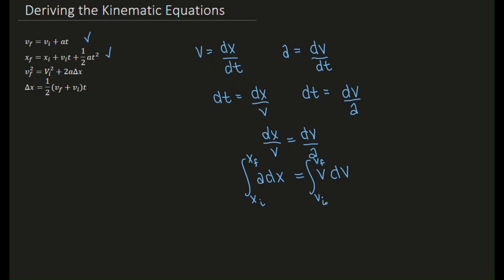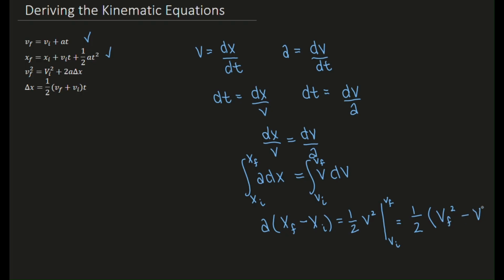I get acceleration times my final position minus initial position equaling 1/2 my velocity squared evaluated from the final velocity to the initial velocity, which is equal to 1/2 v final squared minus v initial squared.